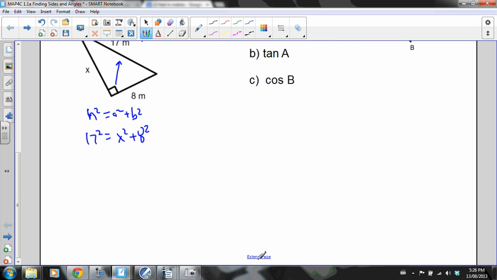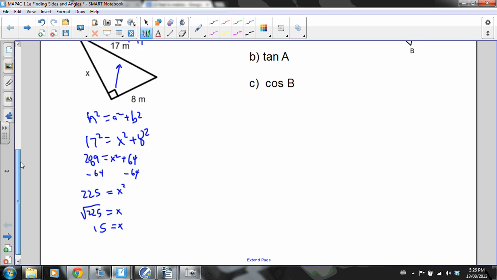I'm running out of room here. Then we plunk 17 squared into our calculator. That's 289. 8 squared, 64. I'm subtracting 64 from both sides now. On the right side, I'm just left with x squared. On the left side, I got 225. Got to take the square root of both sides. And that's 15. And notice that makes sense. The hypotenuse is the longest side.